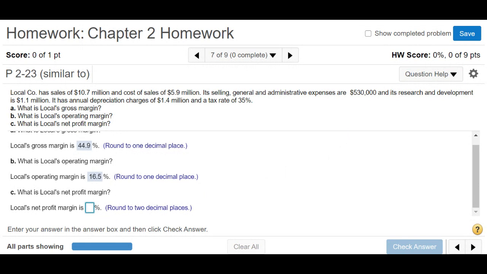The answer you get for that times 1 minus 0.35, which is 0.65. Then divide that by 10.7 and then multiply it by 100. Oh, I think I just gave the wrong decimal rounding. I think it was 10.75. I thought we had to round to one decimal, sorry.